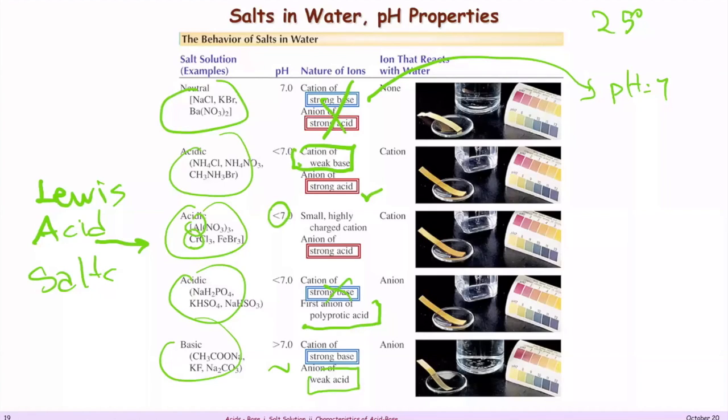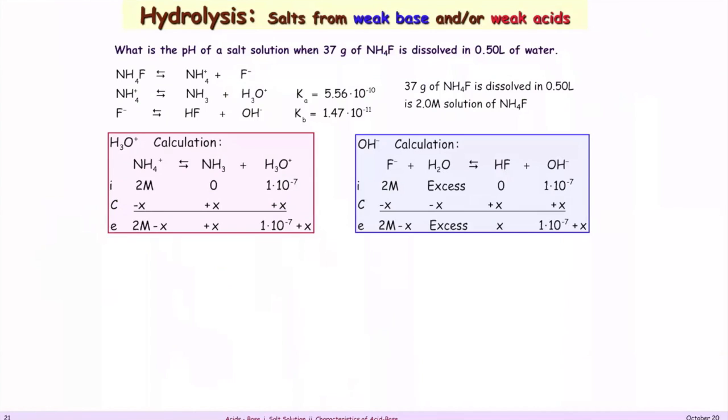When you have the conjugate of a weak acid, then it'll form its conjugate, of course. The weak acid's conjugate will accept hydrogen and make the solution basic. That's why you see these right here. So use this as a guide as to whether the salt will be acidic, basic, or you have to do the calculation. Here's an example of ammonium fluoride.